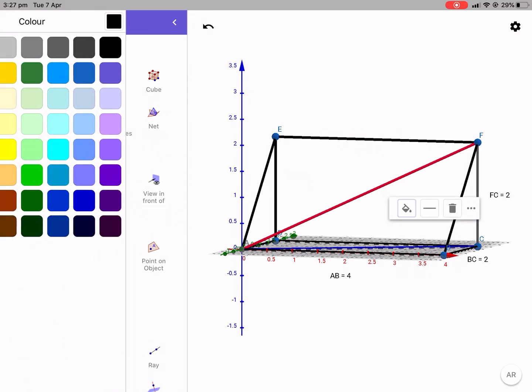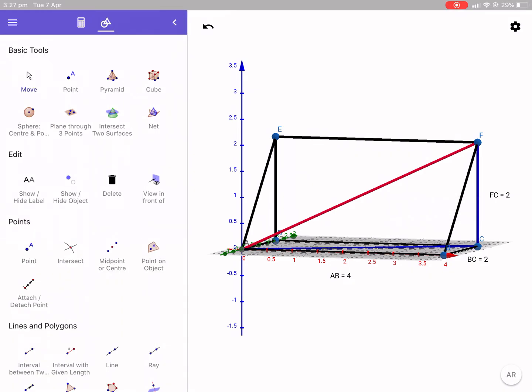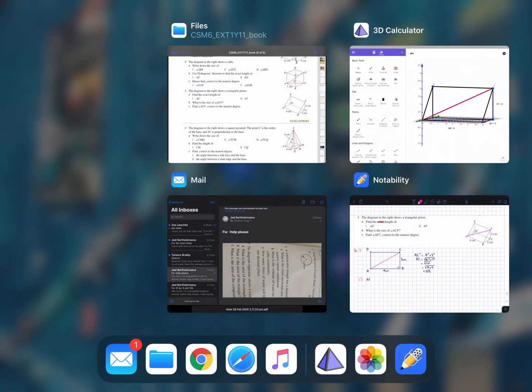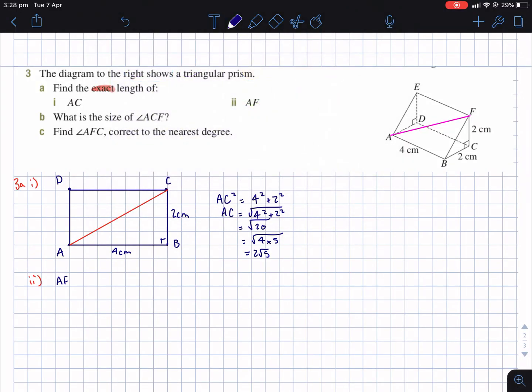And then if I also make this one blue, so these blue ones, that's the triangle I'm going to draw, A, C, F. So I've got A here, C here, and F here.